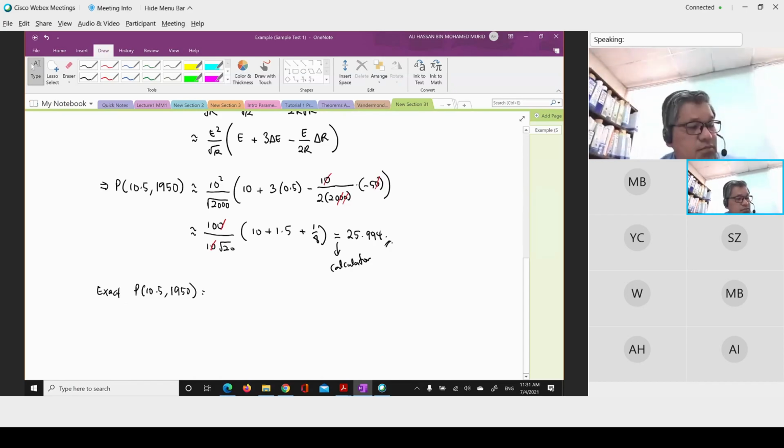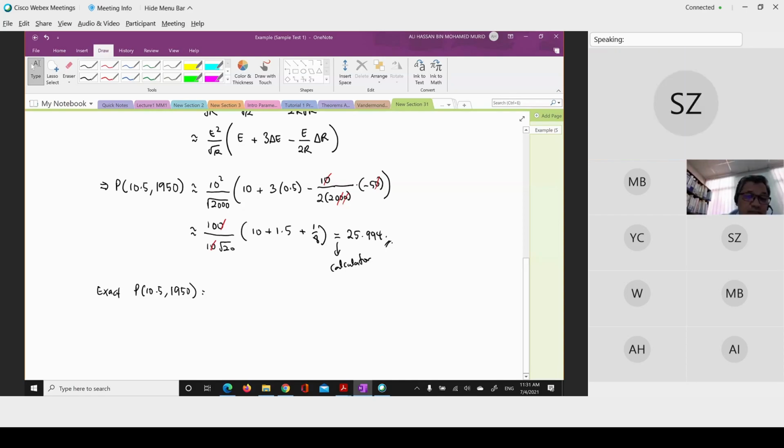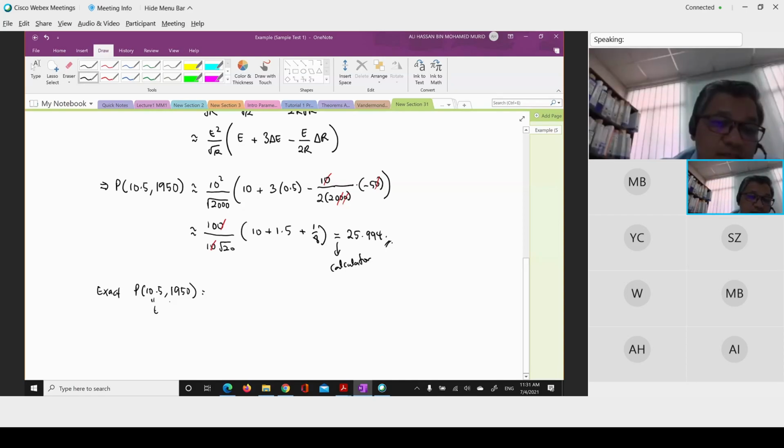What is the formula? E cube over square root R. So this is E, this is R. So E cube over square root R. E cube is 10.5 cube over square root of 1950.